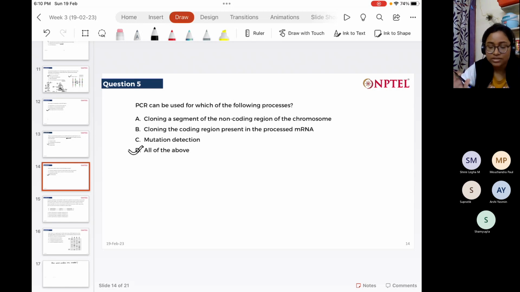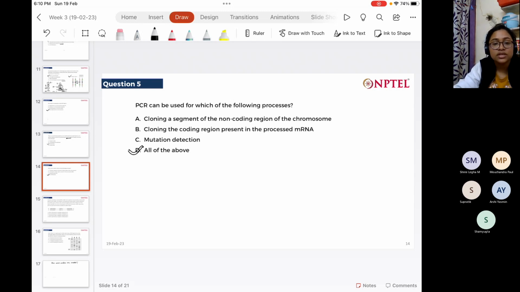Okay, if you're still shy, then I'll explain anyway. PCR is used for amplifying any DNA or RNA sequence. DNA and RNA only differ in one base, right? So if you design a primer in such a way that it can bind to a particular nucleotide-based sequence, then PCR can be done.